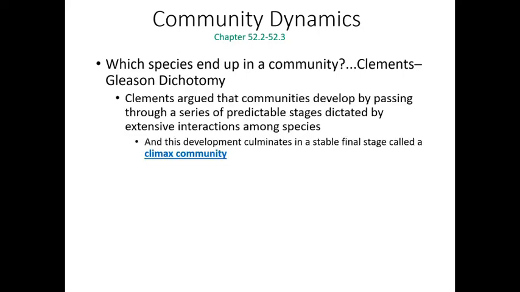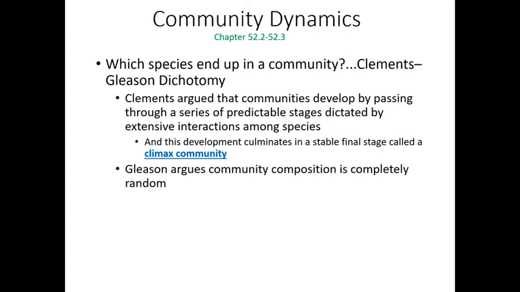So Clements argued that communities develop in the same way depending on abiotic factors, right? So as long as conditions A, B, and C are met, we're going to see these species grow, and then these species, and then these species, until ultimately you end up with a stable final climax community. But Gleason argued that community composition is completely random, right?